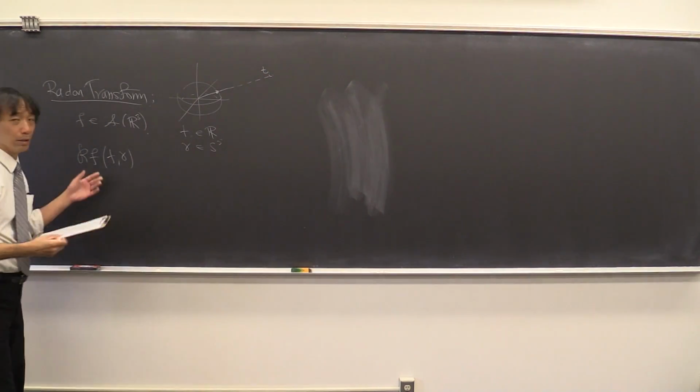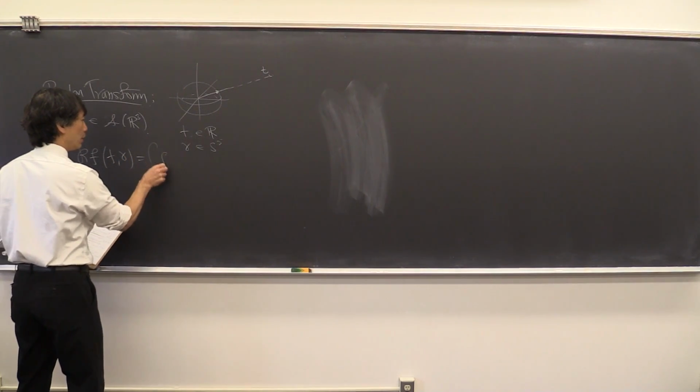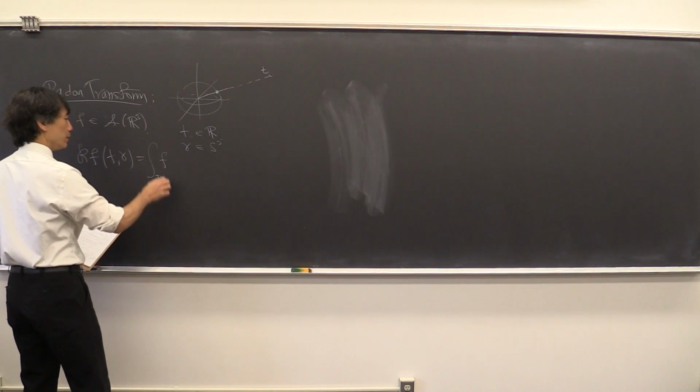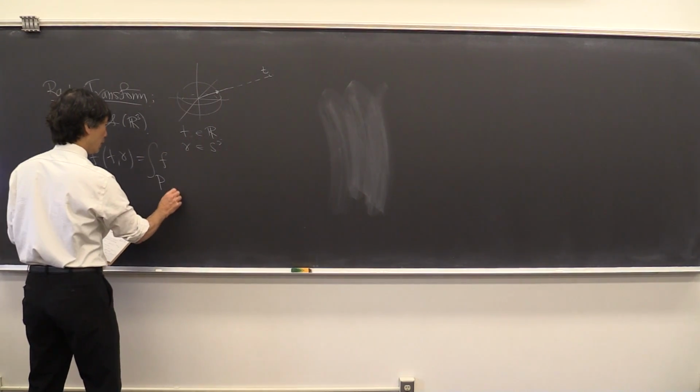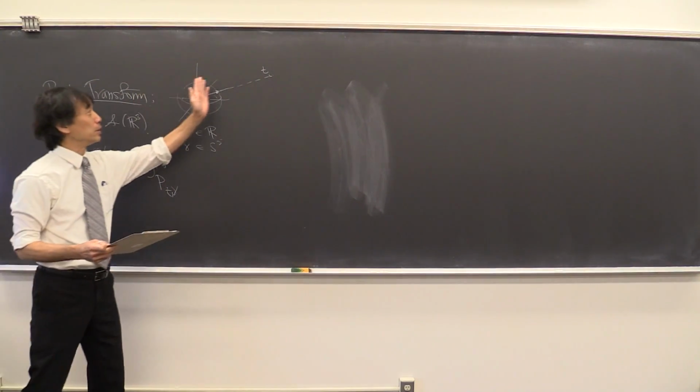And we define the Radon transform at t comma gamma to be the integral of our function over the plane that has normal vector gamma and is distance t from the origin.